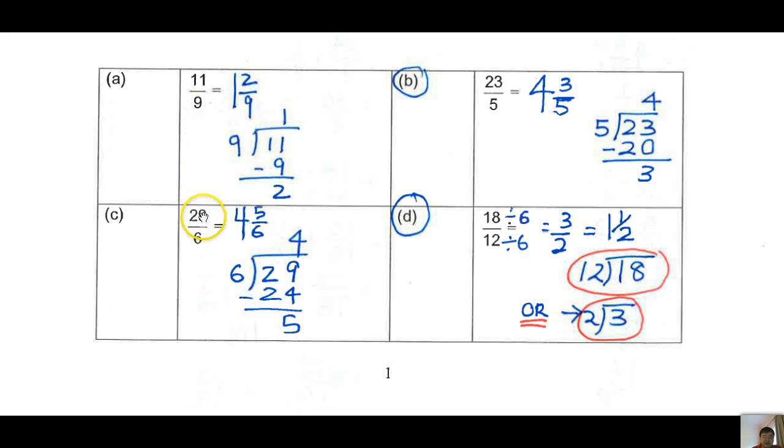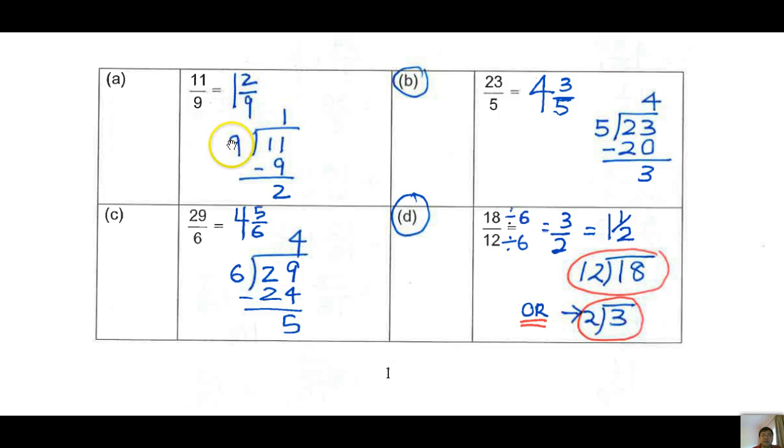For this case, 29 divided by 6, and so on. Once you get this, it's actually like this. Now this quotient is the one whole.